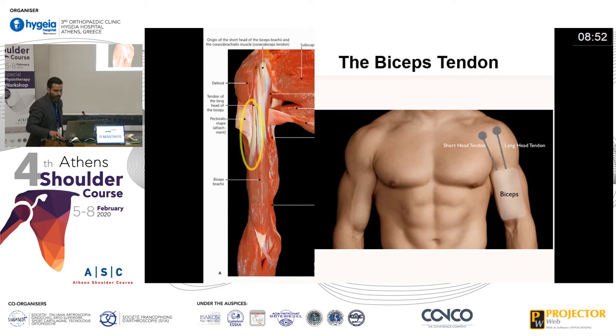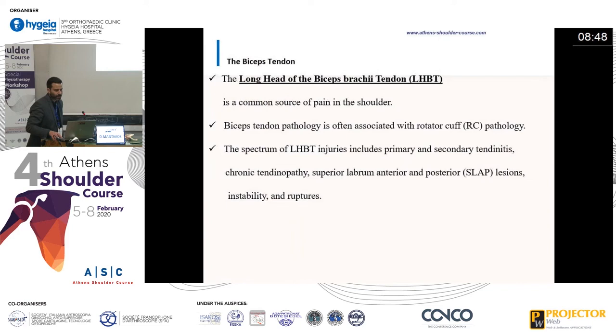It is the main source of pain in the shoulder and is often associated with rotator cuff tears. The spectrum of long head of biceps problems includes primary and secondary tendinitis or probably chronic tendinopathy, SLAP lesions, instability, and ruptures.